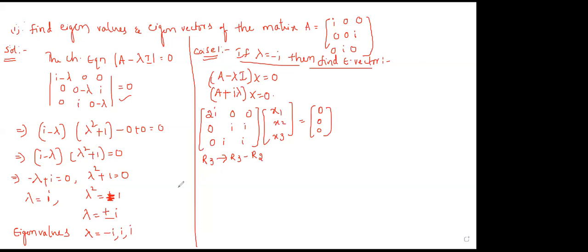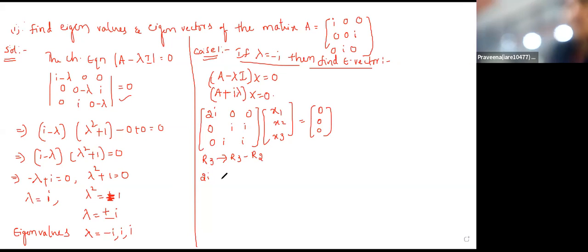That is [2I, 0, 0; 0, I, 0; 0, 0, I minus I...] into x1, x2, x3 is equal to 0, 0, 0.